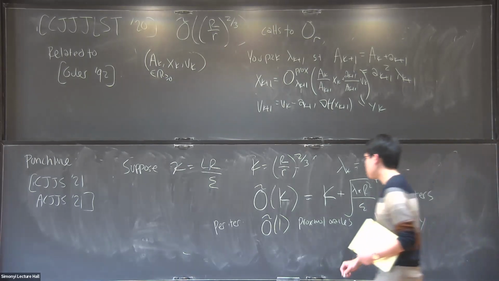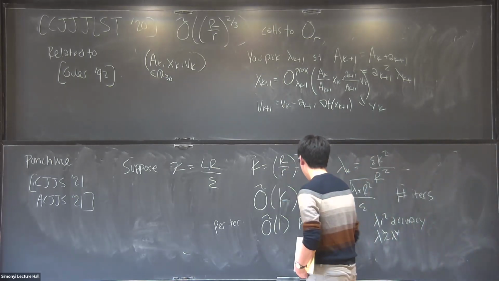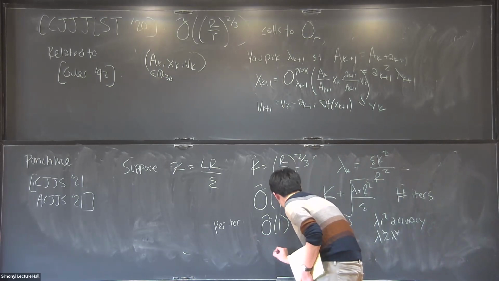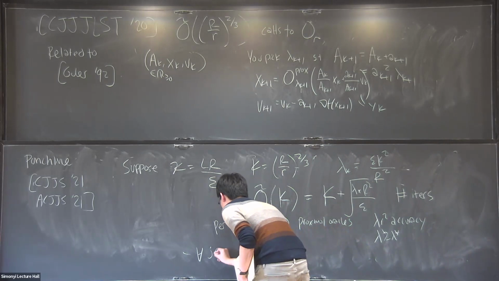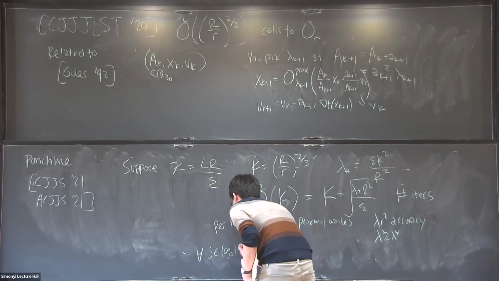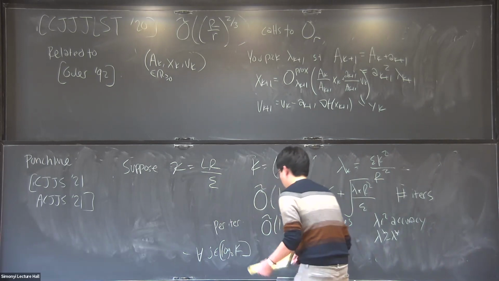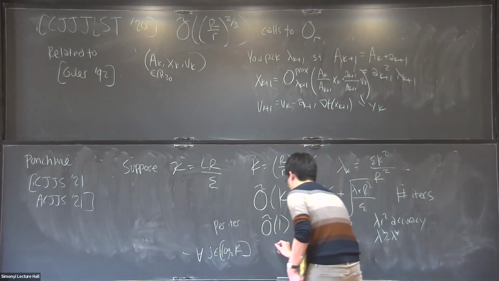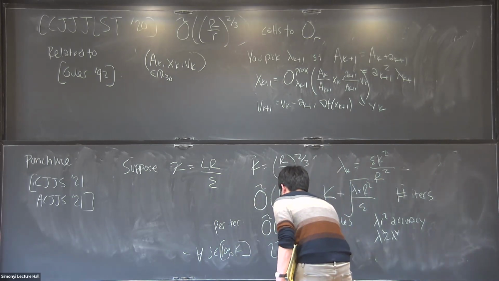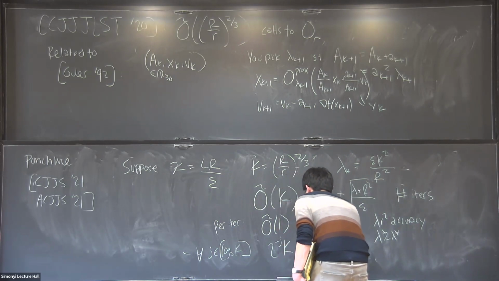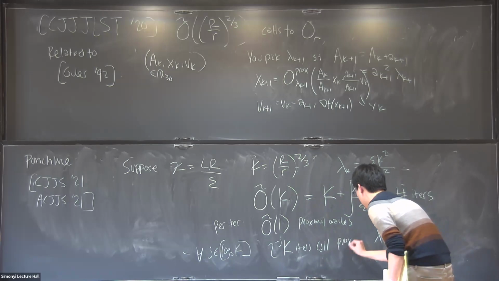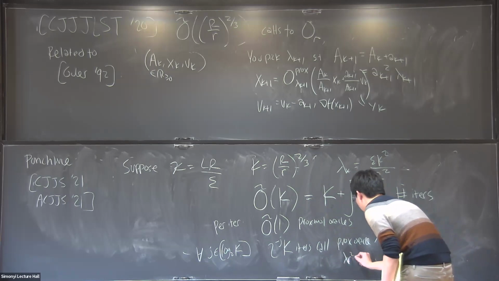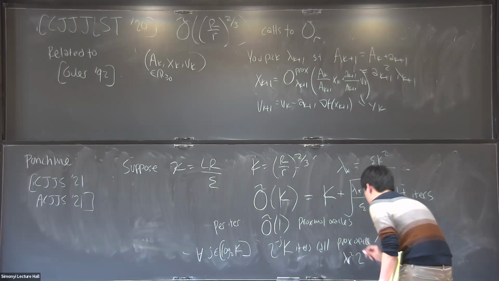And then additionally, for all j up to roughly log 2k, we need to call, for 2 to the minus j k iterations, the prox oracle to accuracy lambda r squared 2 to the minus j.